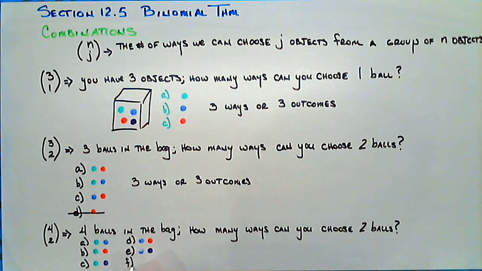Are there any more opportunities? I think there are. We could have taken, instead of the green ball first or the blue ball first, the red ball first, couldn't we? Now, what happens if I pull the red ball first, then the green ball? Well, we've got that. We've got that one. What happens if I pull the red ball first and then the blue ball? I've got that one here. So what's the only combination we're missing with the red ball?